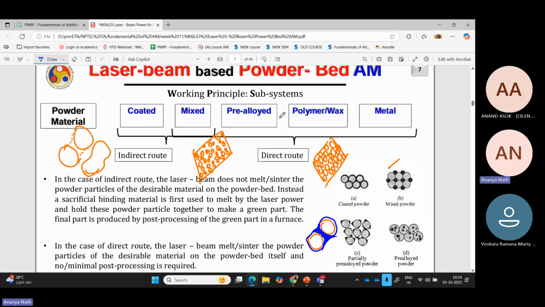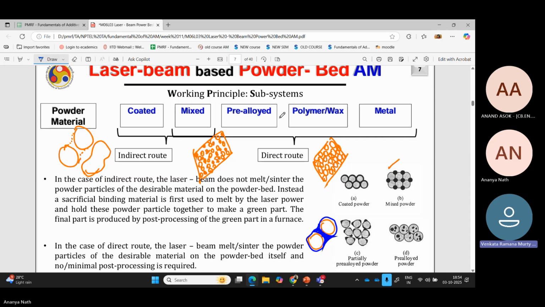But here, aluminum oxide or other oxides will be called metal oxides, so they are coming under metal. But metal oxides are ceramics, no? Ceramics, you are right. They are called ceramic as well. But then melting of those ceramics is not possible. So you have to go for the sintering process.